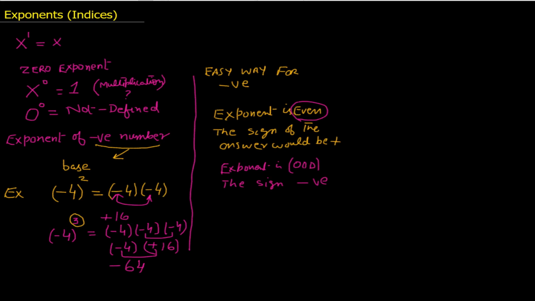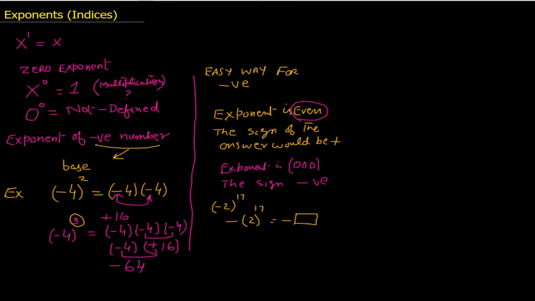A problem might be, for example, if you have to find minus 2 raised to the power 17. You don't have to work out the sign. Because the exponent is odd, just put the minus sign outside and then make this positive, 2 raised to the power 17, and whatever number you find on the calculator, or just do the math, the answer would be minus that number.